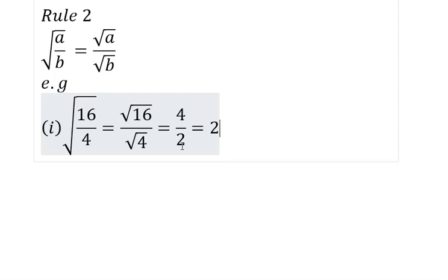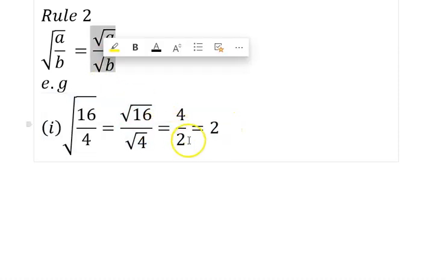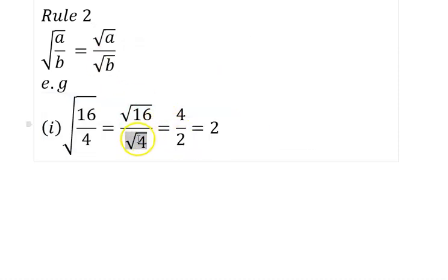So let's get another example. Let's see example number 2. Awesome.